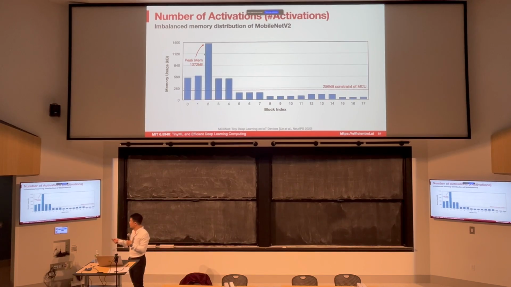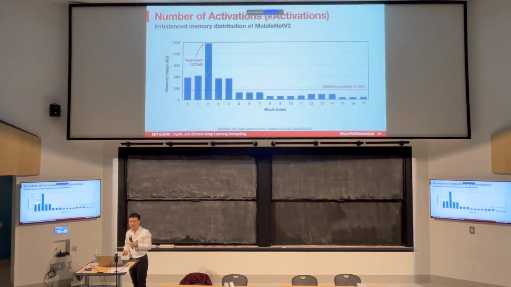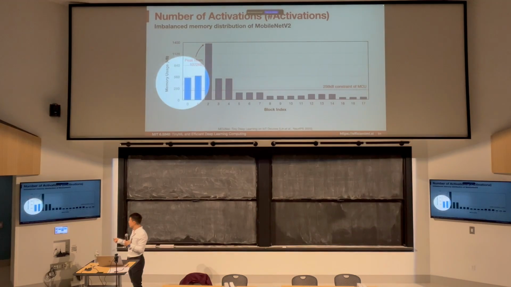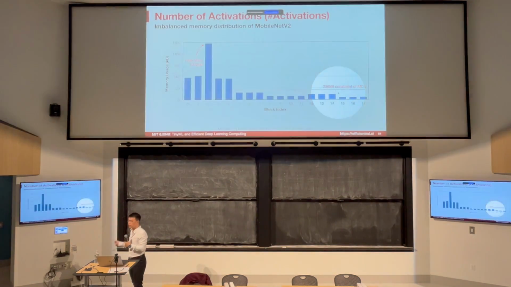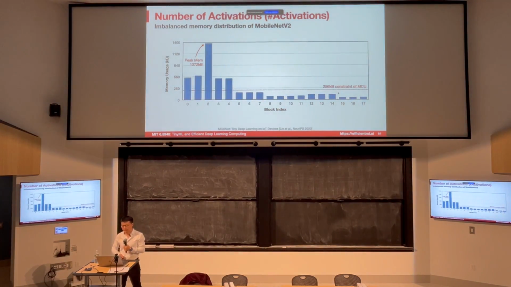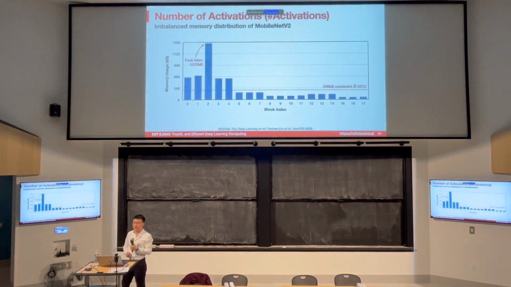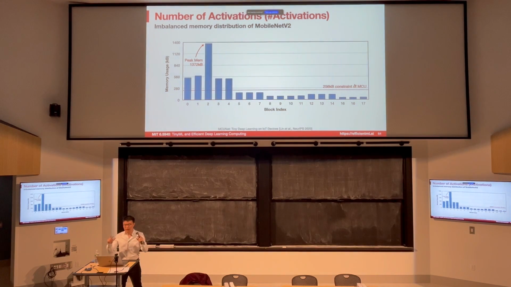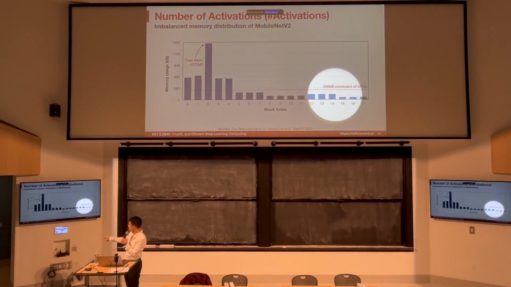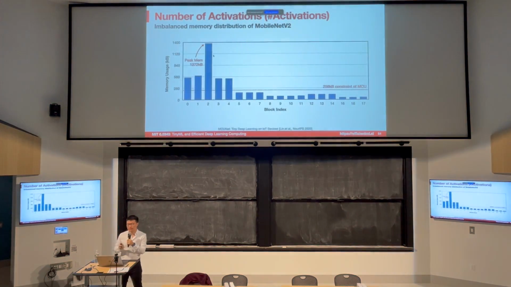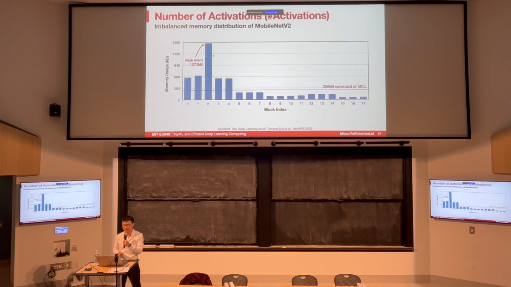Why is that the case? Because in the first couple of layers you have very high resolution and it's square, and later you have a lower resolution due to downsampling. For example, if a microcontroller has only 256 kilobytes of SRAM to hold these activations, you want to make sure the largest layer, for example here, doesn't exceed the SRAM so that you can put all the activations in the fast SRAM.